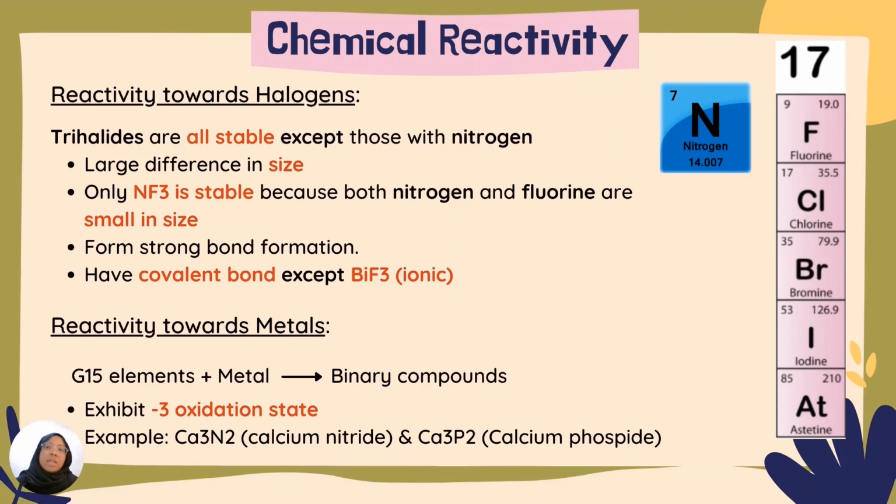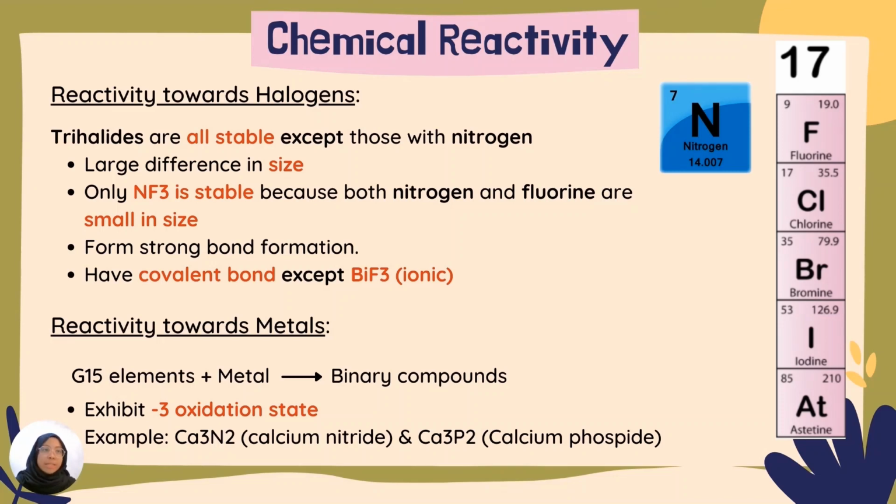Nitrogen is very small in size, and the sizes of halogen atoms are getting bigger and bigger. Only NF3 is stable because both nitrogen and fluorine are small in size. As you can see here, the atomic weight of nitrogen is 14 and the atomic weight of fluorine is 19. So they can have a strong bond formation between nitrogen and fluorine. All trihalides are covalent except BiF3 because it is ionic in nature.